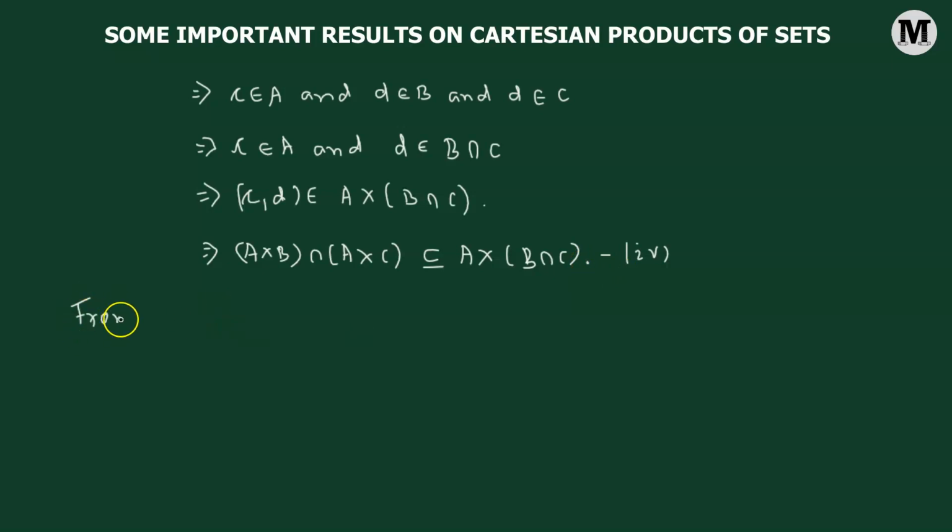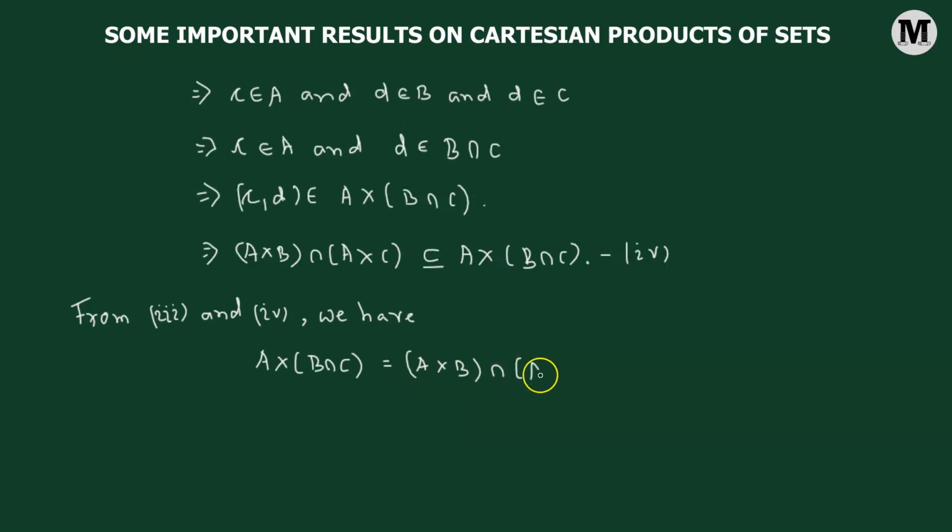From statement 3 and statement number 4, we have the Cartesian product of A and B intersection C equals the Cartesian product of A and B intersection with the Cartesian product of A and C. So here we have shown that the distributive property holds for the Cartesian product as well, hence proved.